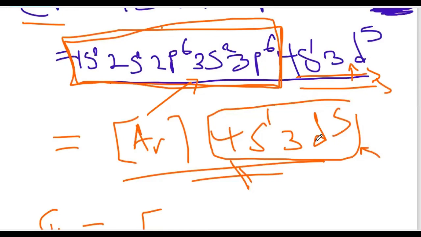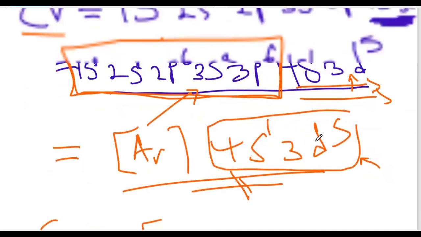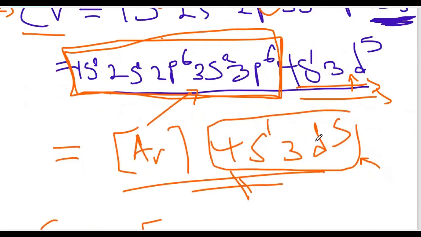So, sir, you're supposed to equate it to the one on top, not the way you wrote it like this here. I'm not getting your question. I'm saying the way you've written Ar, then you put it in brackets, and then you put this other one, the 4s1, in brackets. Okay, you don't put this in brackets.